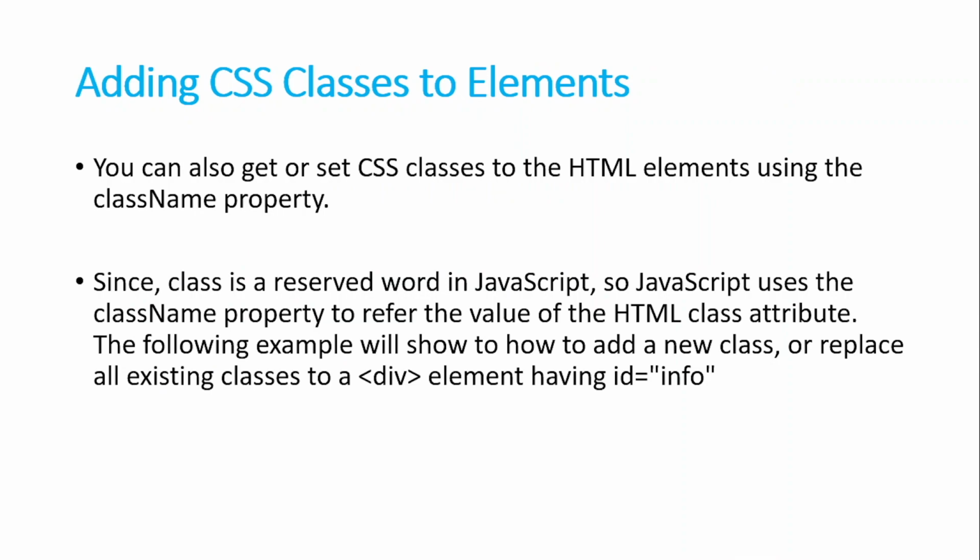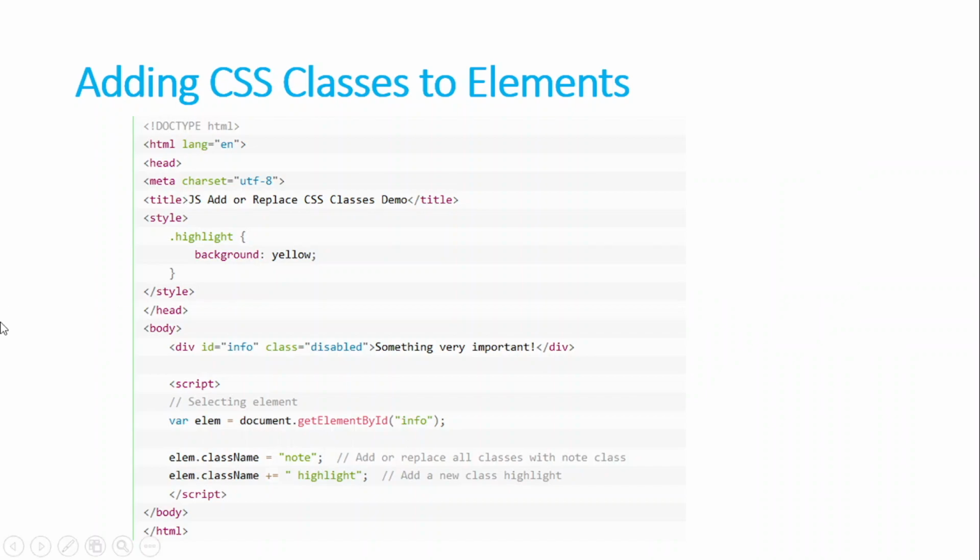Adding CSS classes to elements: you can also get or set CSS classes on HTML elements using the className property. Since class is a reserved keyword in JavaScript, JavaScript uses the className property to refer to the value of the HTML class attribute. So let's see the example. Basically, we can apply a CSS class if you want larger stylings to be applied on an element.